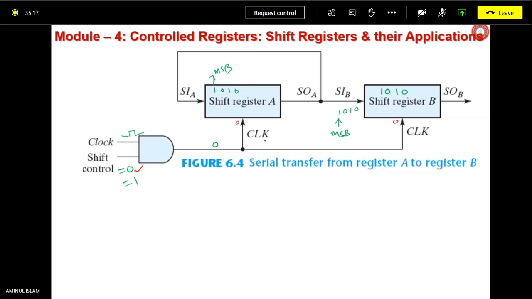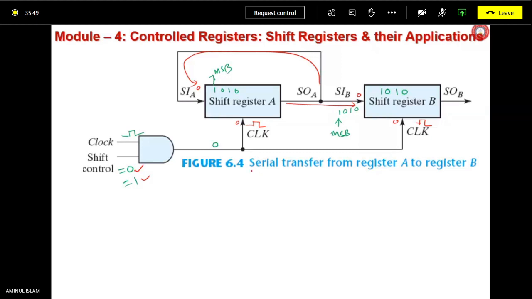Another point to remember in this circuit: when the clock is applied and shift control is 1, the clock is getting applied here as well as here. During that time the shifting is occurring from here to here, but the previous bit is getting transferred again here. 0 is going here, 0 is also getting stored back.